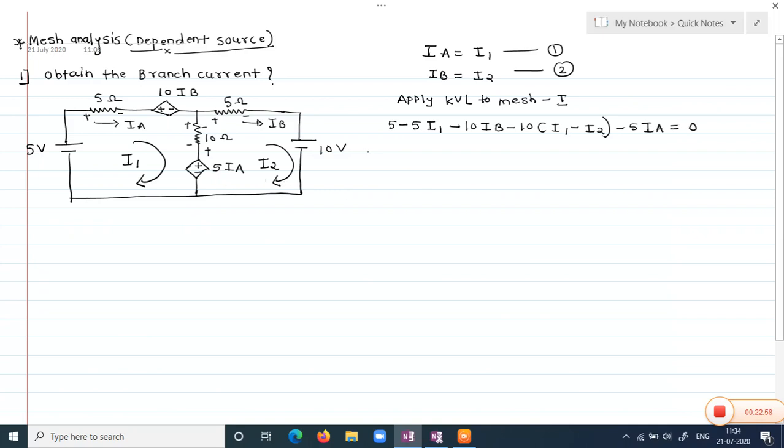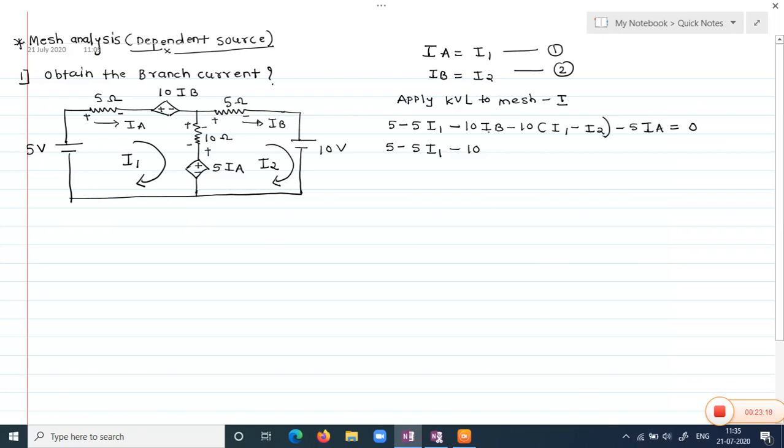Then you have to consider the current here: 5 minus 5 I1 minus 10 IB. Then IB is what? IB is nothing but your I2, right? IB is nothing but your I2, means the current flowing through the second loop.